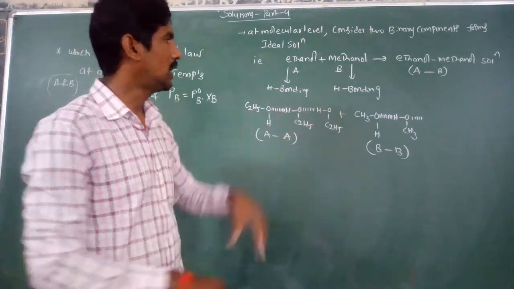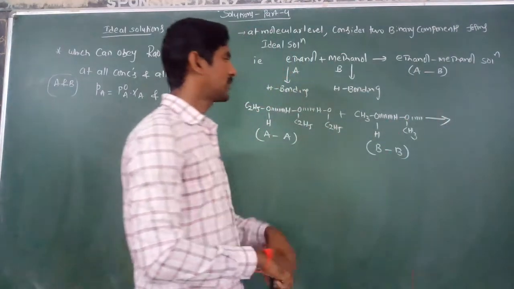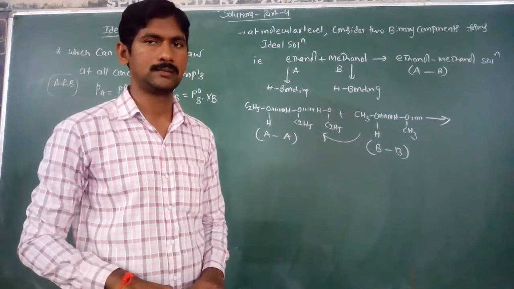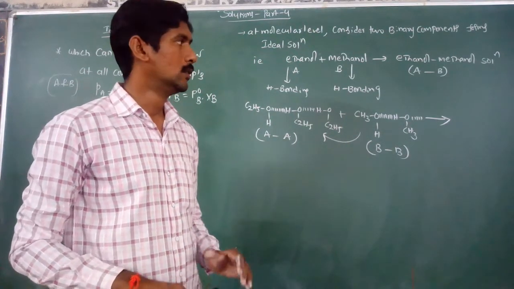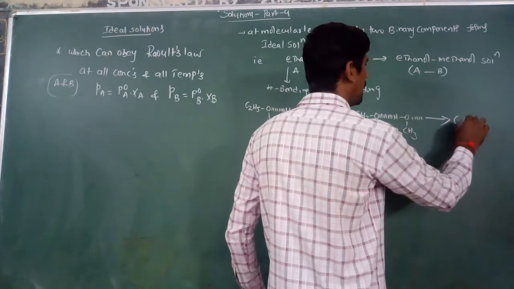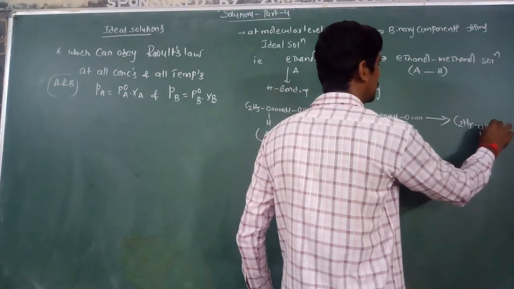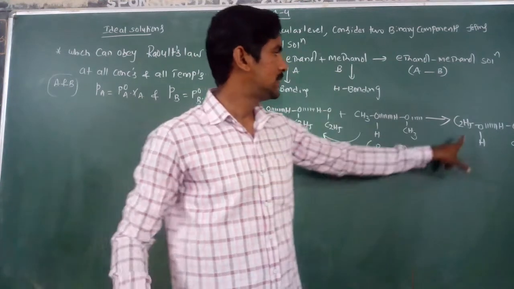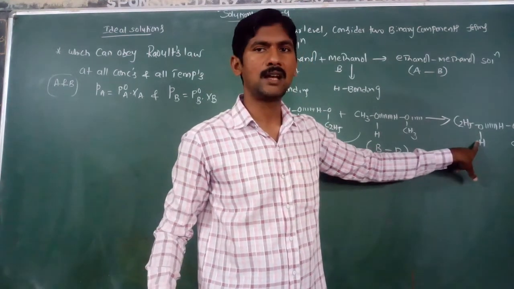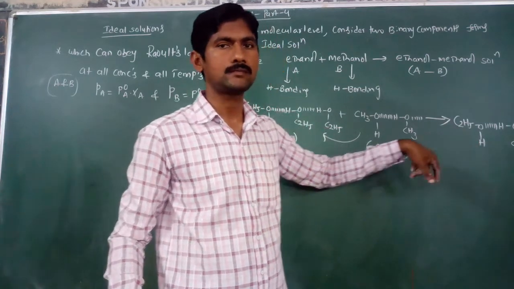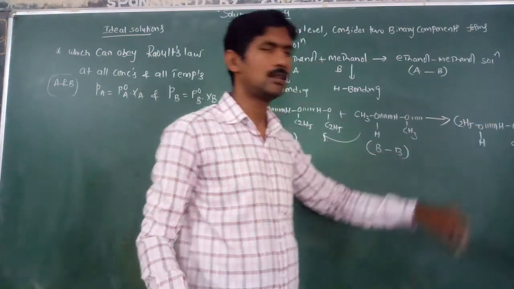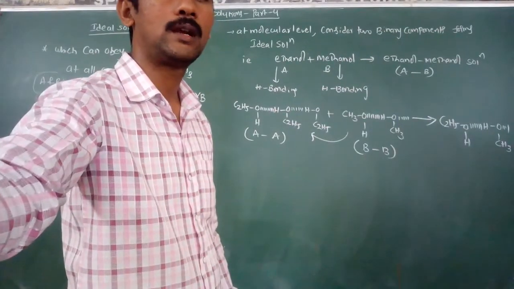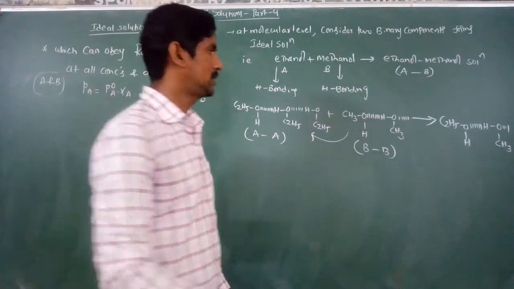After adding methanol to ethanol, we get an ethanol-methanol solution. Between ethanol and methanol also, C2H5OH is ethanol, CH3OH is methanol, there is hydrogen bonding present.